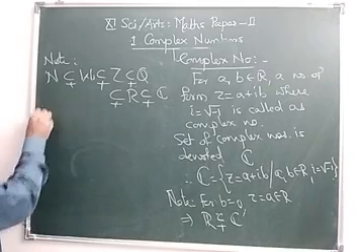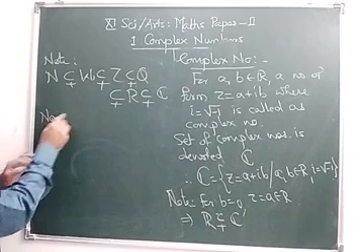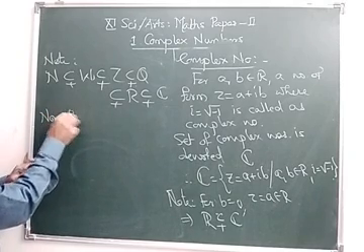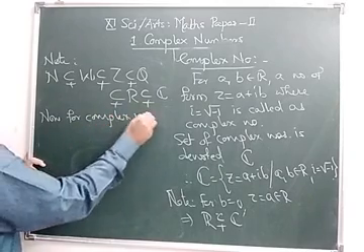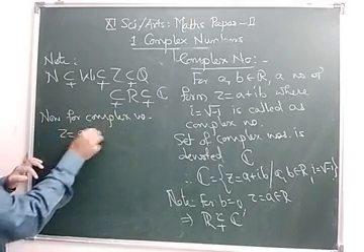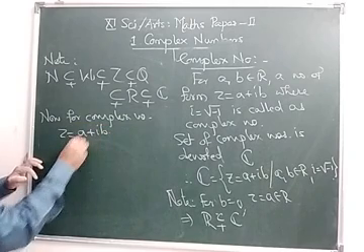Now, for a complex number Z is equal to A plus iB, what is this A?